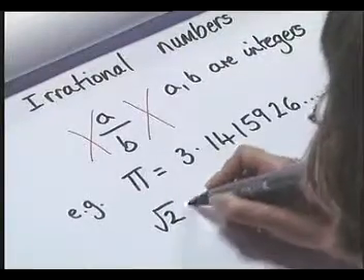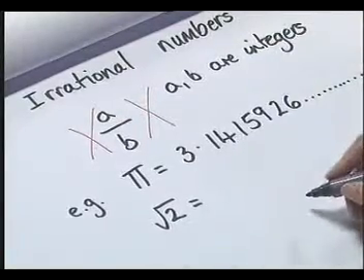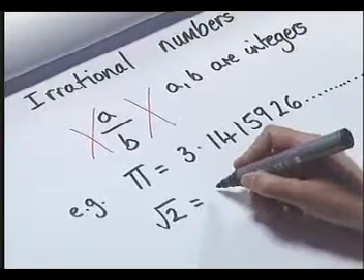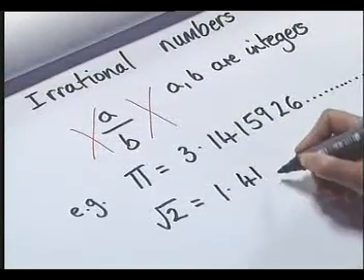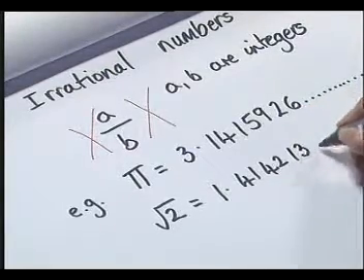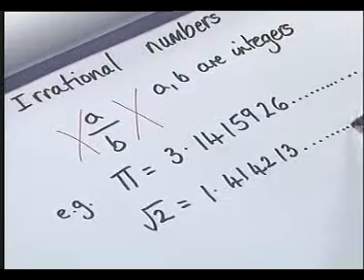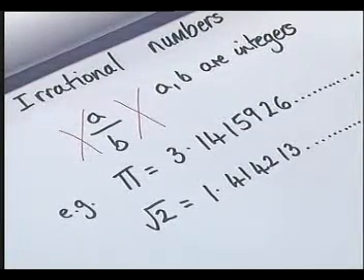Another example is the square root of 2. If you put 2 in your calculator, press the square root button, you'll get 1.414213, and again, the numbers will continue. They'll go on forever.